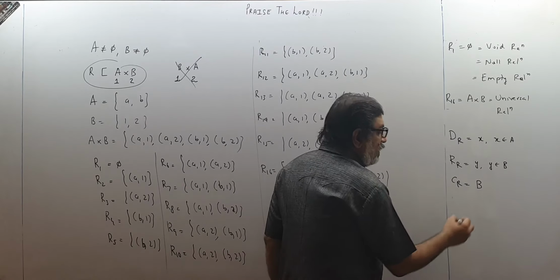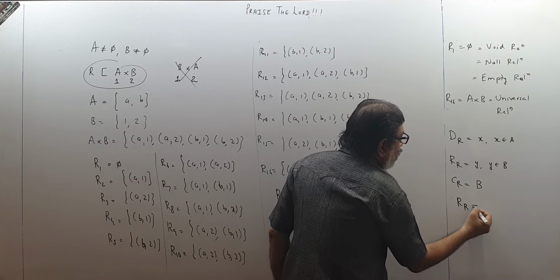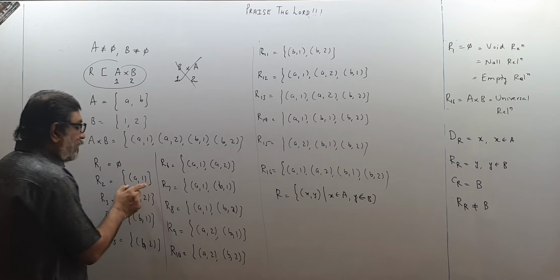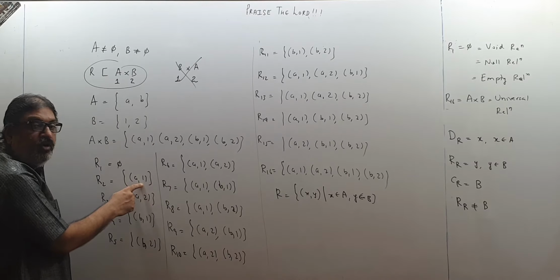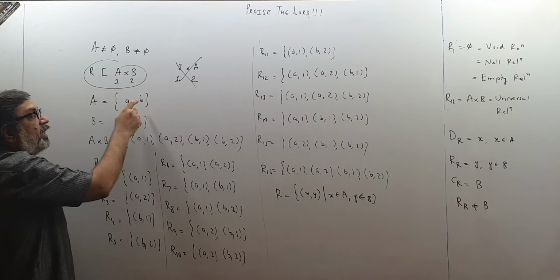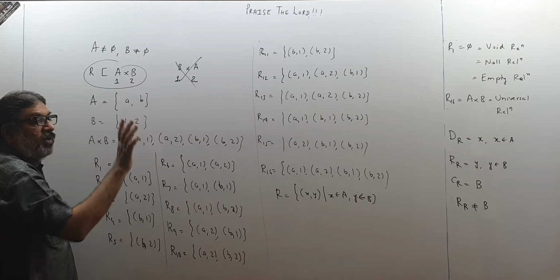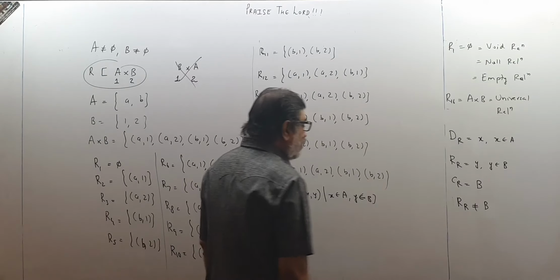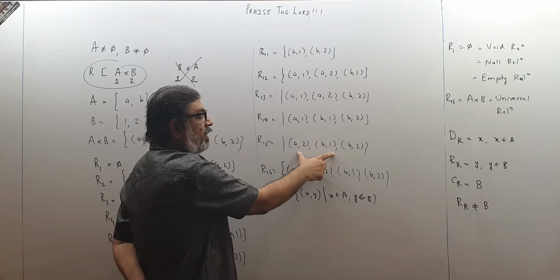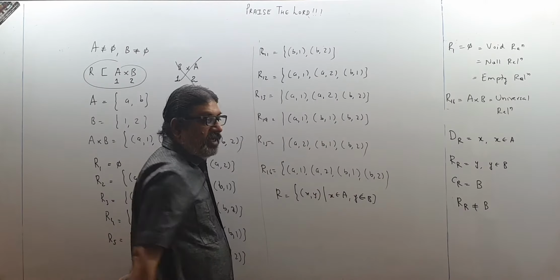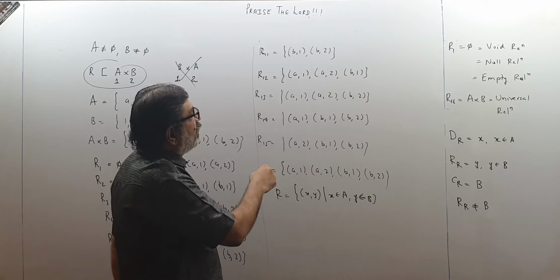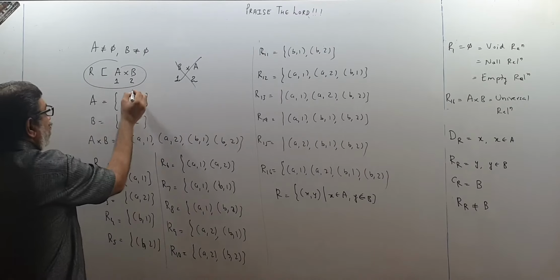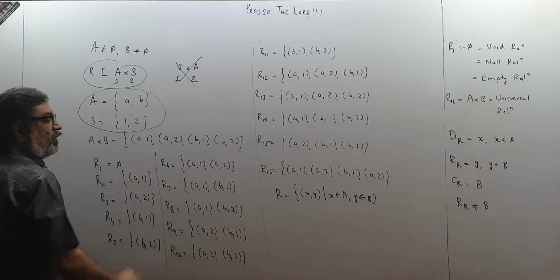You have to understand that range is not always equal to B, because in this relation, what will be the range? Only 1. Only element 1. And what is the codomain? The set B, which is 1, 2. So range will not always be equal to B. Sometimes it can be like in this set, the range contains 2 and 1, that is equal to set B. See, the set B contains 1 and 2.